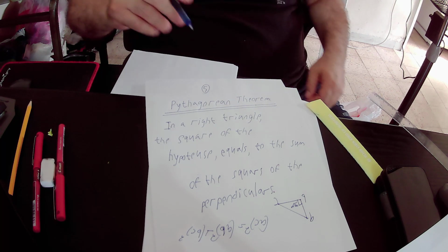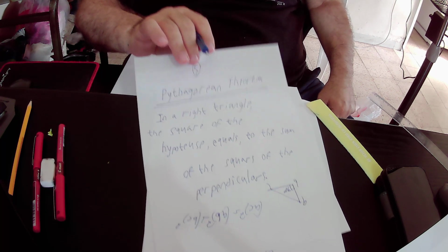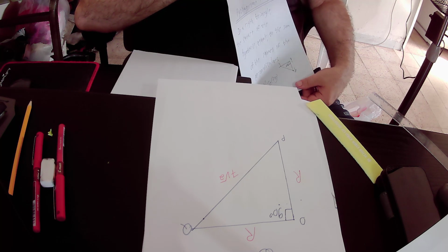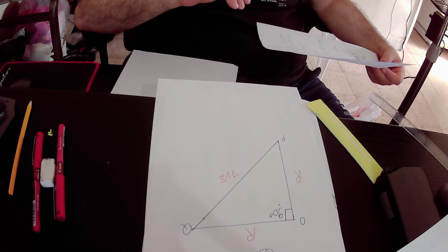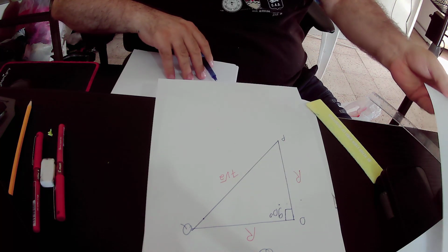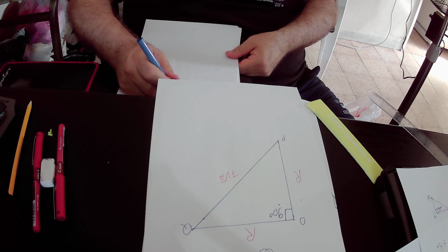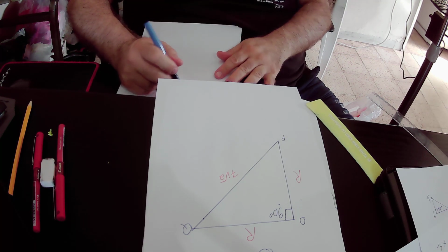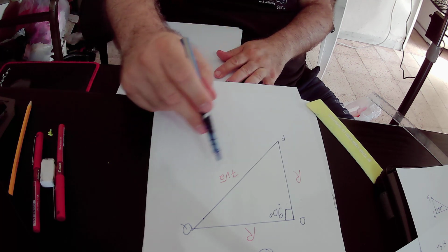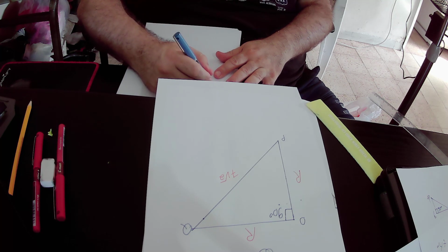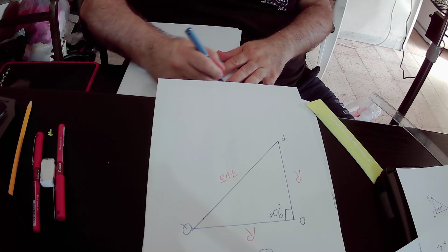Okay, so we can implement this rule in our triangle, and actually the square of the hypotenuse is actually PQ square. This will be our second equation.